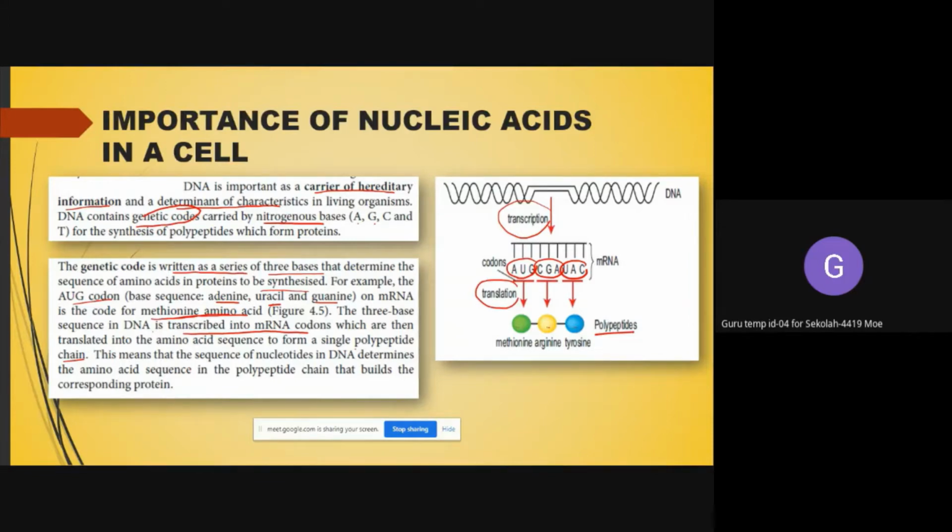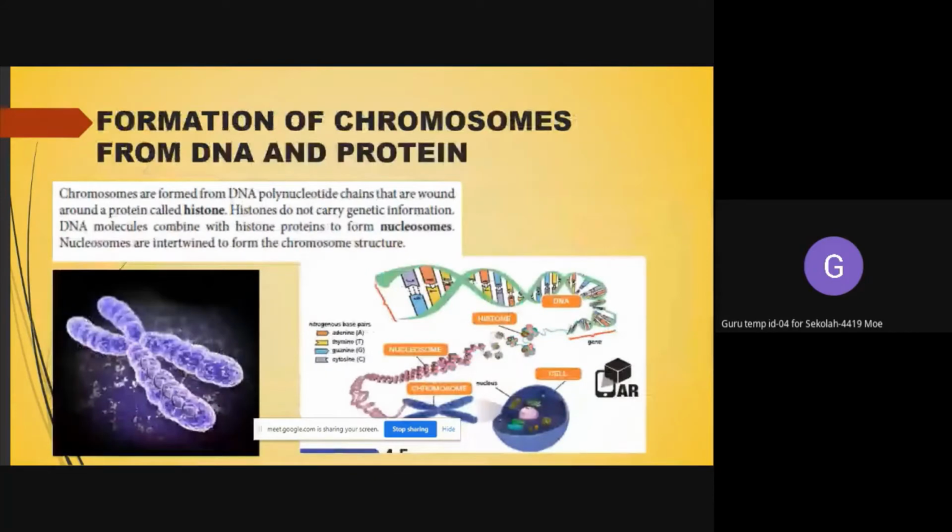So, formation of chromosome from DNA and protein. Kita nak tengok macam mana kromosom tu terhasil daripada DNA dan protein. Chromosome are formed from DNA polynucleotide chain that are wound around a protein called histone. Mula-mula DNA ni akan wrap dekat histone protein.